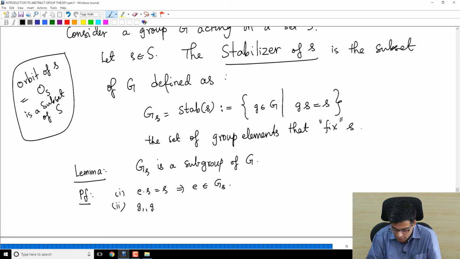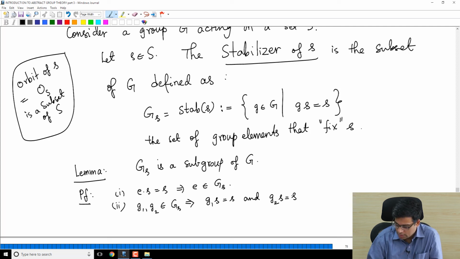Let's say g1 and g2 are in the stabilizer of s. That means g1 s is s and g2 s is s, right? This is the definition of being in the stabilizer. Now what is g1 g2 of s?